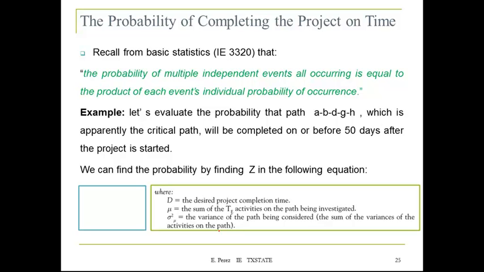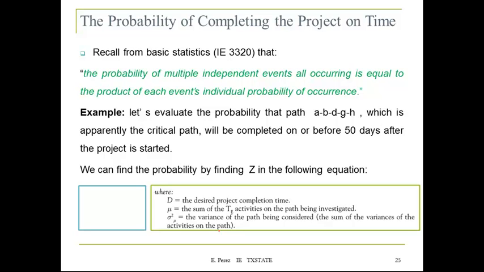So if you have a dice and you throw that dice, the probability of getting a 1 is going to be the same as the probability of getting a 6. Those are independent events. If you want to get the probability of getting a 1 and a 6, then you need to multiply those two probabilities. So in that case, it's going to be 1/6 times 1/6. That's the probability of those two events happening at the same time.